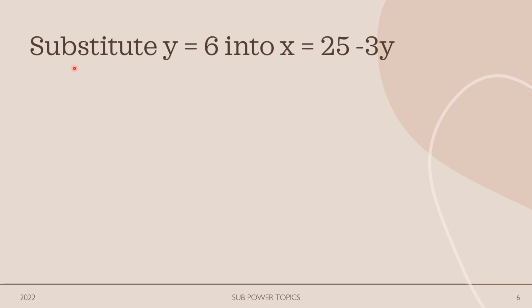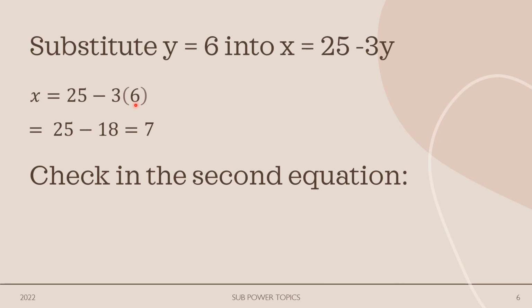So now we have to substitute y, which is 6, into this equation. So 25 minus 3 multiplied by 6, you get 7.